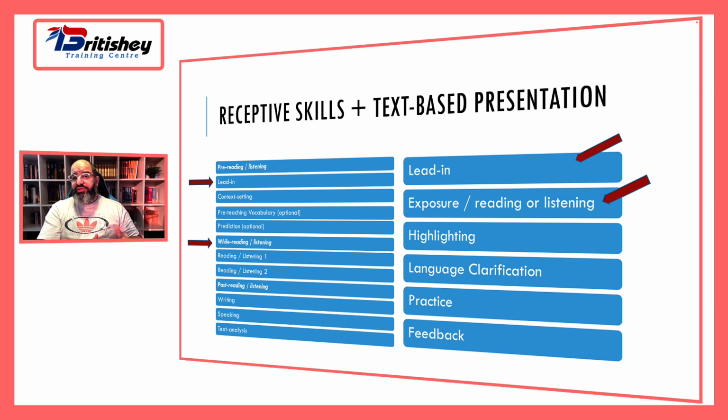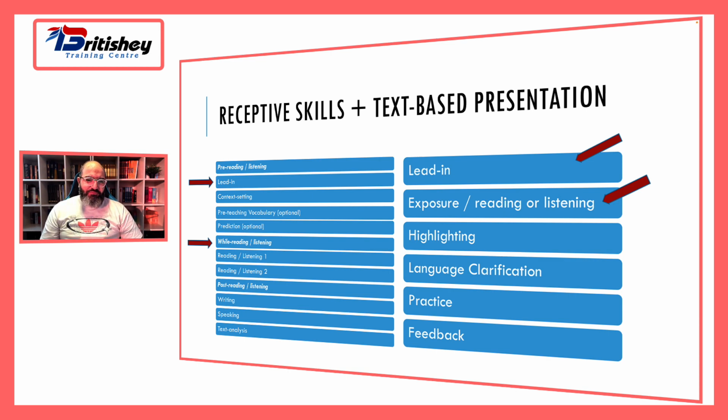In the while reading stage, people will read the text twice, focusing on different reading sub-skills. And as you see, we also have the exposure stage, which is a kind of reading or listening. So why do we need this stage if the students are going to read the text twice? We can also remove this one from text-based presentation.